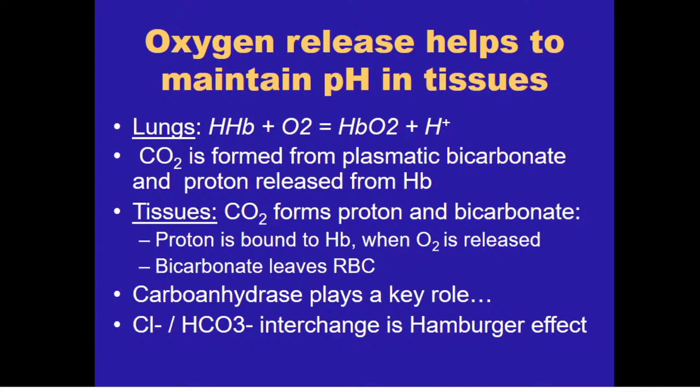In tissues, carbon dioxide forms proton and bicarbonate ion. The proton is bound to hemoglobin when oxygen is released. So this reaction is like a buffer. Bicarbonate levels of red blood cells are an important factor in this. And the enzyme carbonic anhydrase plays a key role, and as I told you, the interchange between bicarbonate ion and chloride is named the Hamburger effect. This is a checkpoint you can write down.